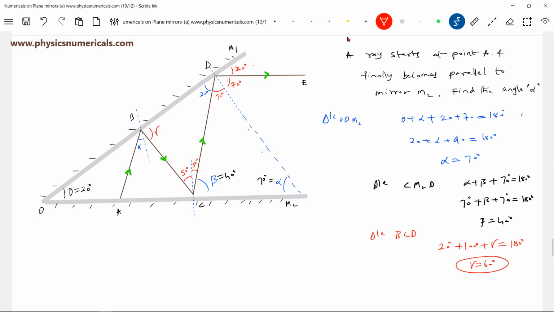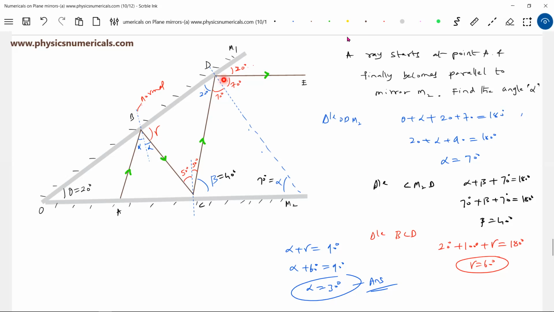If gamma equals 60 degrees, then there's a normal. So what can be this angle? This angle must be equal to alpha, where alpha plus gamma should be equal to 90 degrees. Alpha is what is needed, gamma is 60. So somehow a student has to get the ray diagram, identify the normals and search for the triangles.